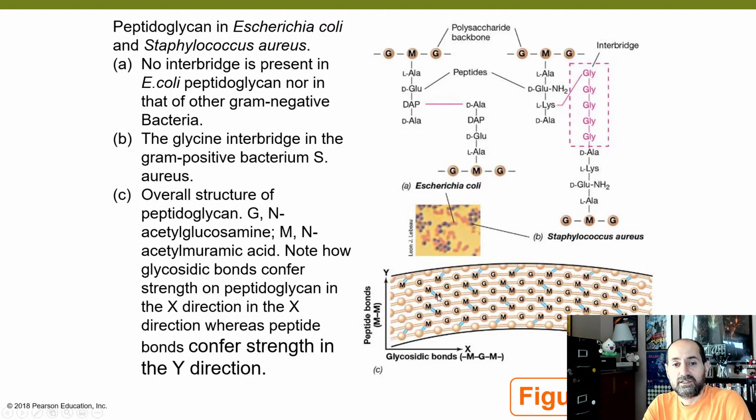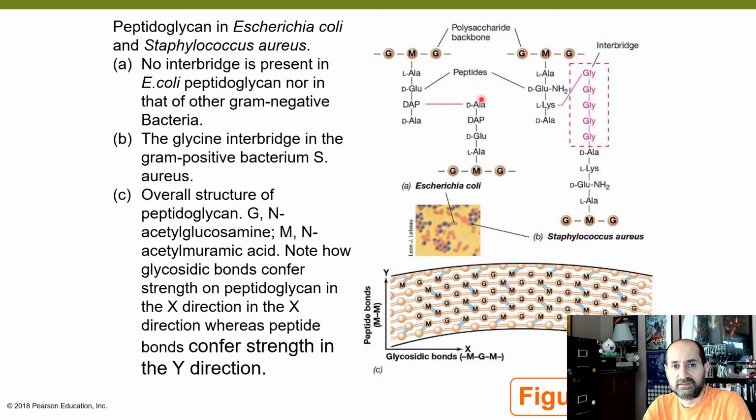Did you see that? So the cell wall has strength in this direction due to those sugar bonds, the beta-1,4 bonds. And there's strength to the cell wall in this direction due to these interbridges I told you about.